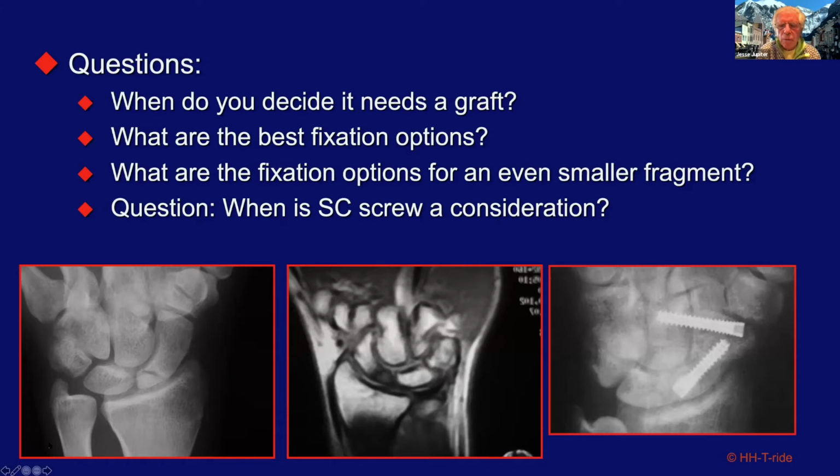Even screws with a head, you can put the head down just below the joint surface and get a very good compression. Some of these small headless screws don't really give you very excellent compression.